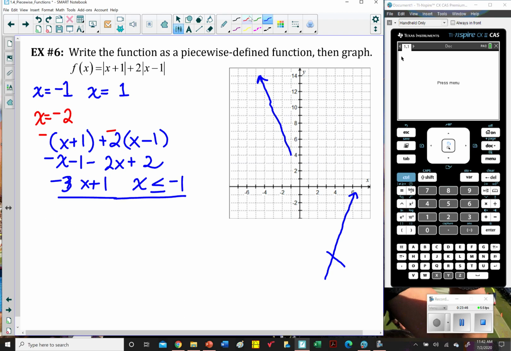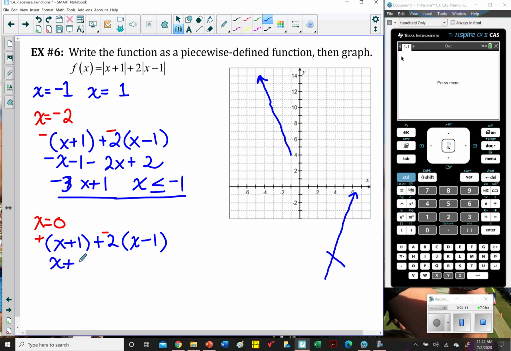If I tested the next interval, I could use 0 for my second interval in between negative 1 and 0. Testing in that same expression, x plus 1 plus 2 times the quantity x minus 1 gave us a positive here and a negative here.